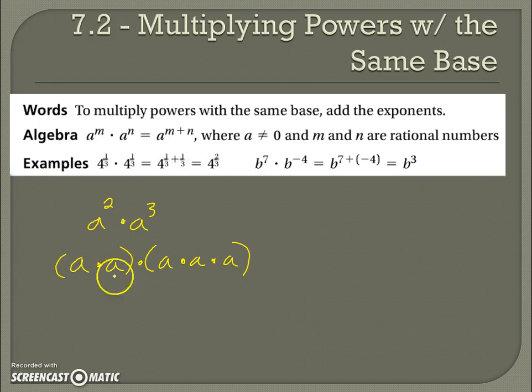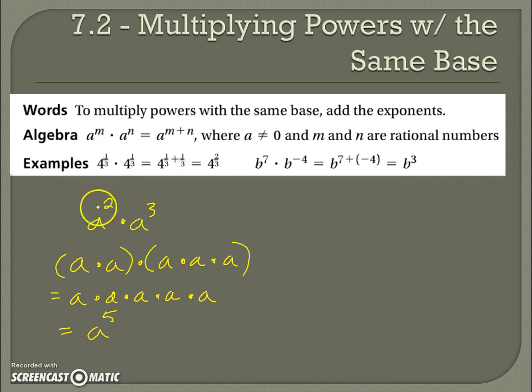Because this is all multiplication, these parentheses right here are not necessary. In other words, it's just multiplying straight through. So this whole thing is equal to a times a times a times a times a, which is the same thing as a to the number of times it's a factor, which is 1, 2, 3, 4, 5. So that's the same thing as a to the 5th.